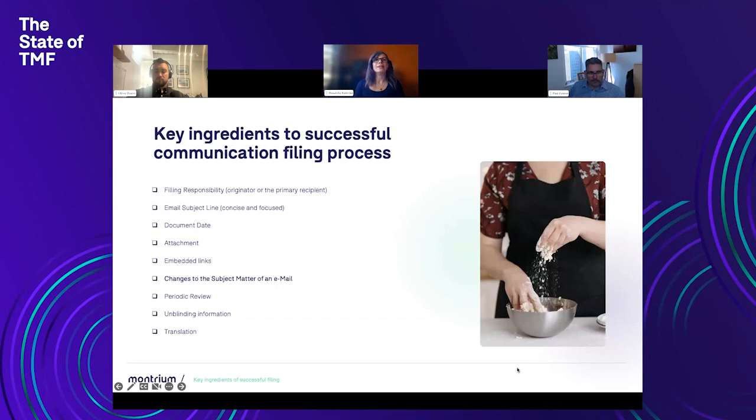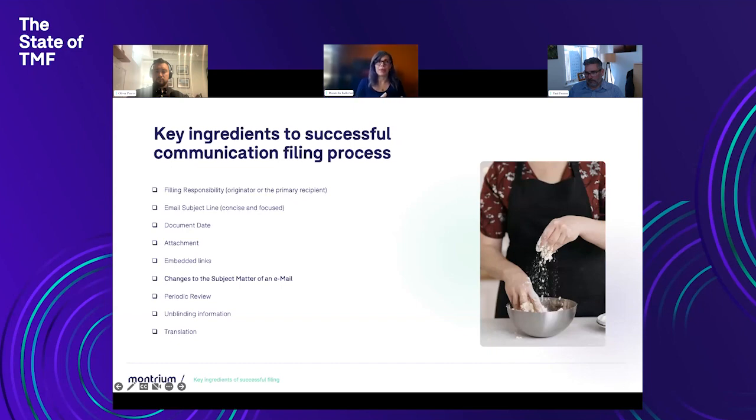So the chain of emails will have no end, and it will be very challenging and difficult to understand where to file, what the purpose was, what the final decision was that had an impact on the trial. So if you have to start a new conversation, a new topic, just write a new email. Don't start this infinite chain of emails that at the end will be very challenging to treat from a TMF perspective.